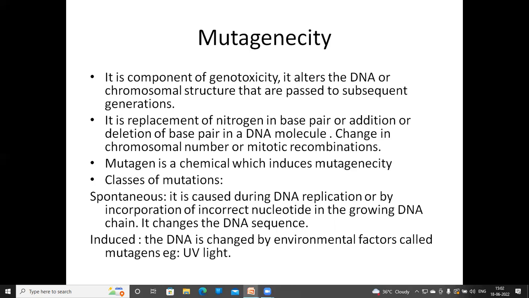That comes under spontaneous mutation. Next is the induced class of mutation, where the DNA is changed by environmental factors. Because of environmental factors, if the DNA structure is changed, that comes under induced mutation. For example, UV light can change the DNA structure.